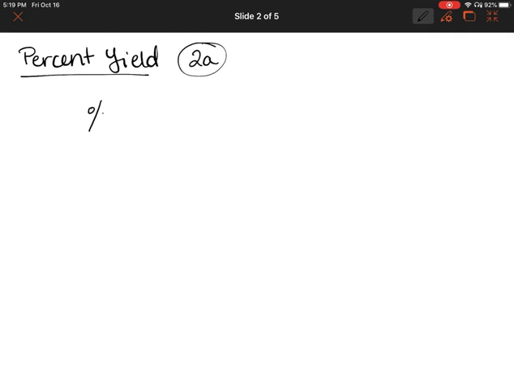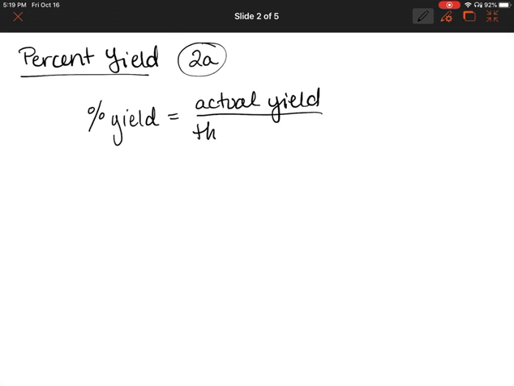Remember from general chemistry, a percent yield is calculated by dividing the actual yield by the theoretical yield and multiplying that by 100. So your actual yield is how much product you have from your experiment. If you're doing the lab online, the data is in a handout on the assignment page. If you did the lab in person, you would want to use the mass that you ended up with in lab.